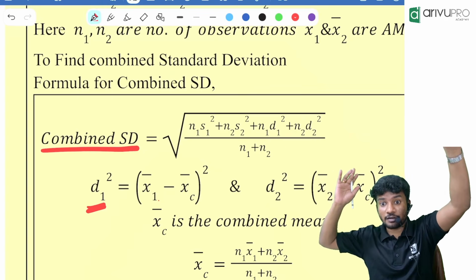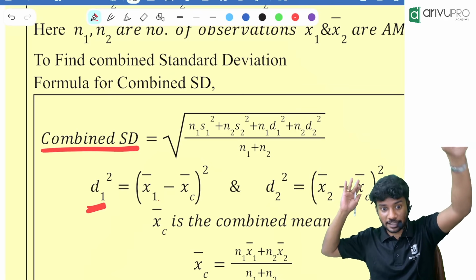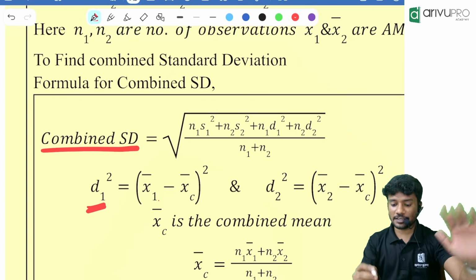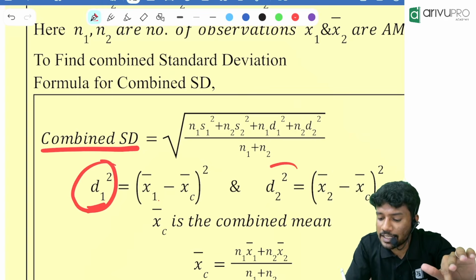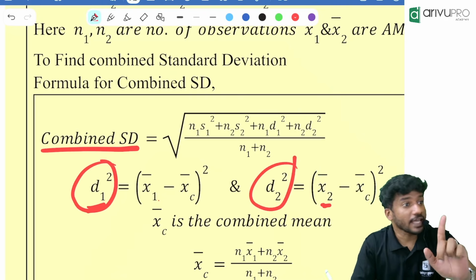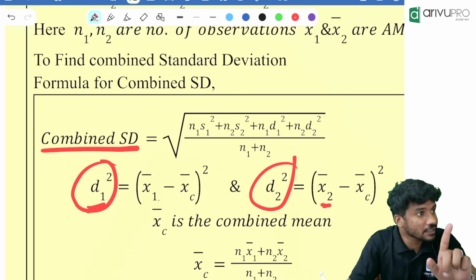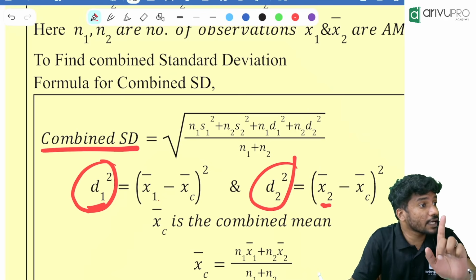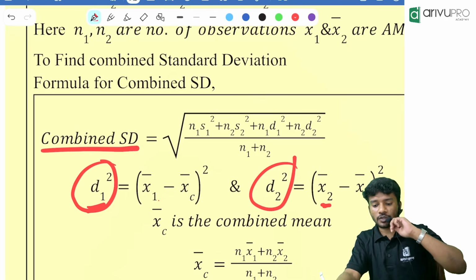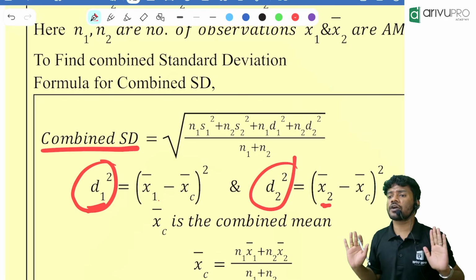X1 is the mean of what? Bangalore Academy. X1 bar minus combined mean, the whole square, is D1 square. Similarly, D2 square is what? Chennai Academy has a mean, that is X2 bar. X2 bar minus X combined bar, the whole square, is called what, people? That is called D2 square. So if you ask me, the formula looks complicated.